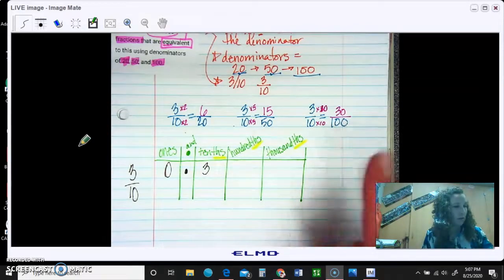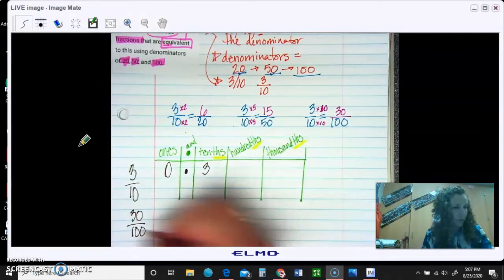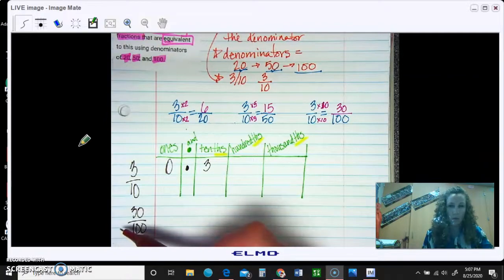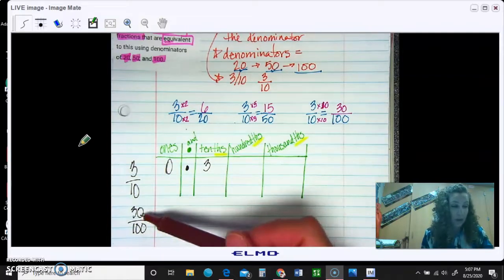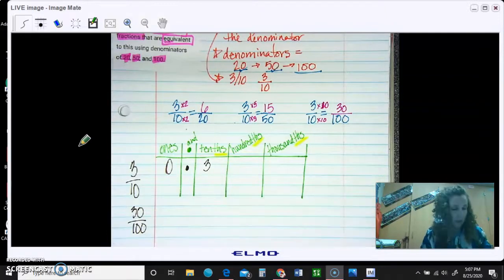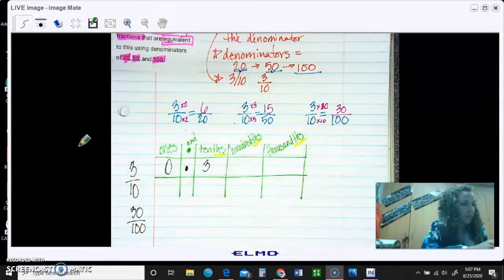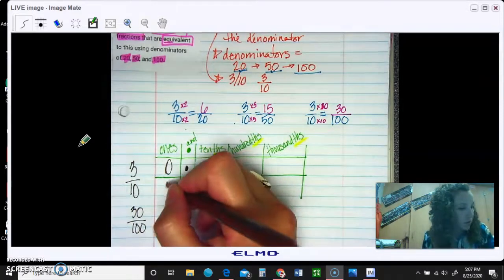30/100ths. Well, I'll write it right here. 30/100ths. Is there a whole number? No, it's still just part of a whole. It's a whole that's been chopped into 100, and we're dealing with 30 pieces of those 100 pieces. Okay, so let me draw a line for the next part of the place value chart. So there are no ones here, so it's 0.